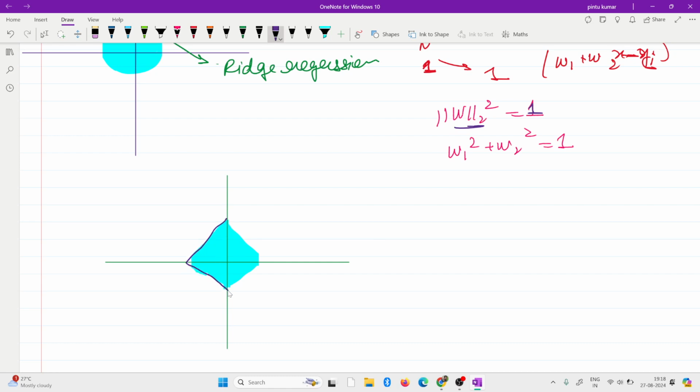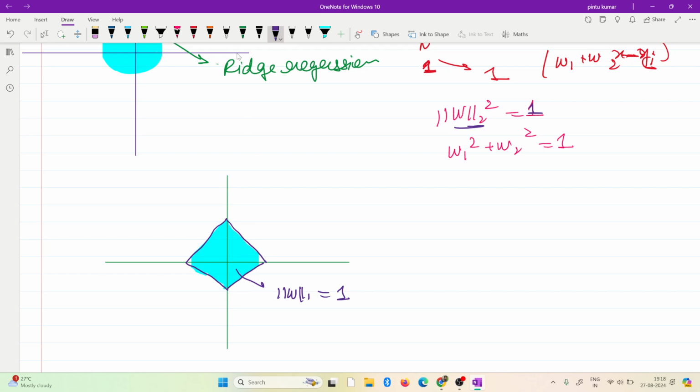It is pointed points. This is your set of points for which your one norm is 1. This is just those points.